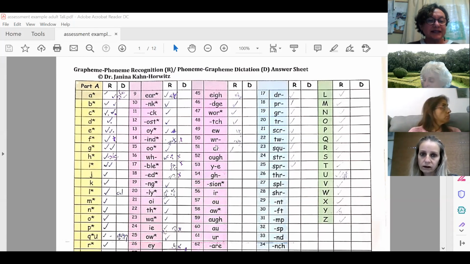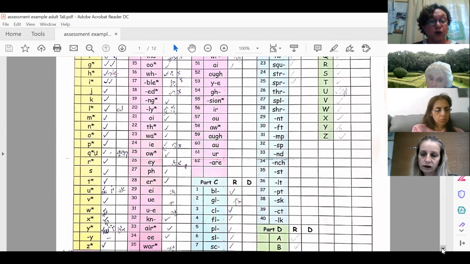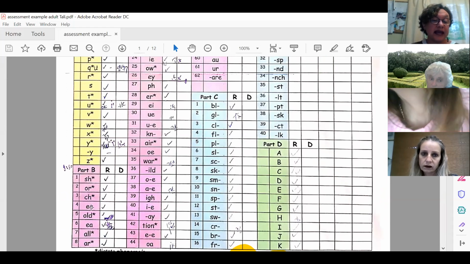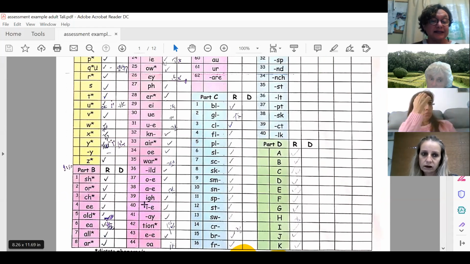So you could see to what extent they're familiar with these or not. You can see over here that it starts off with what's considered easier and moves to more difficult. For example, the SH and the OR and the CH are all considered a whole lot easier, but when you go down to AU and UR and ARE, those are considered more difficult.